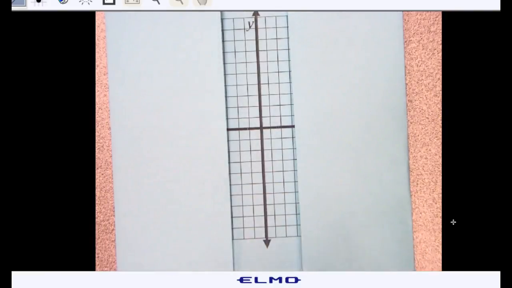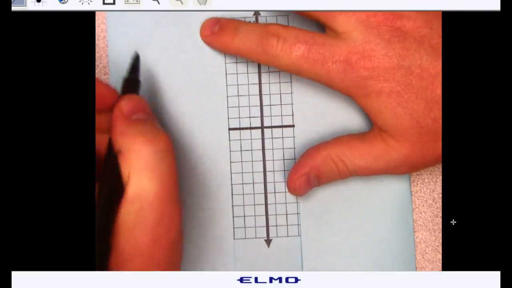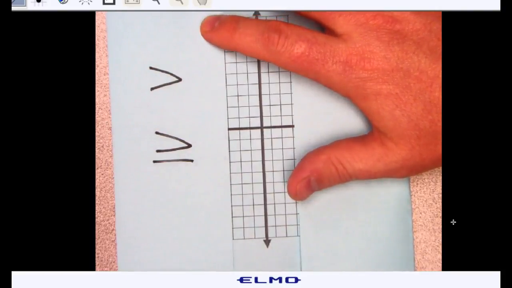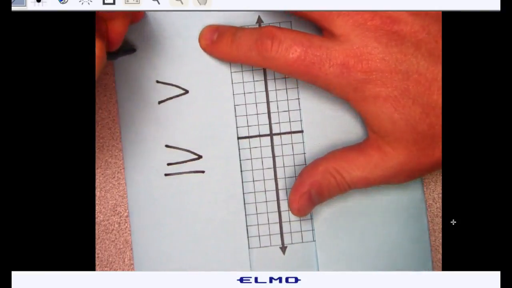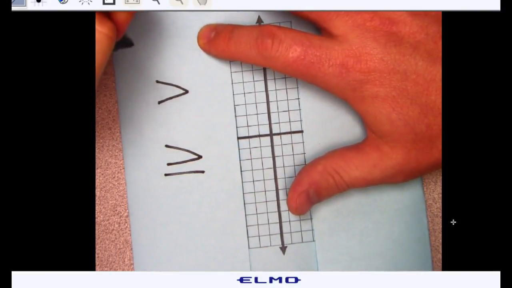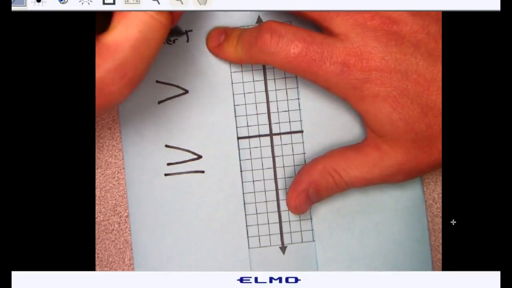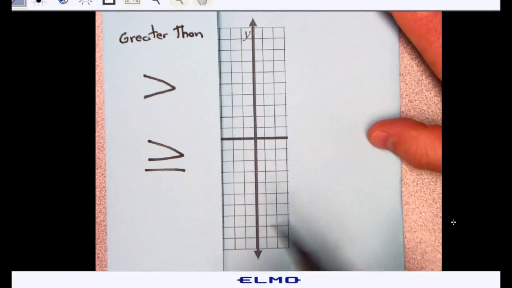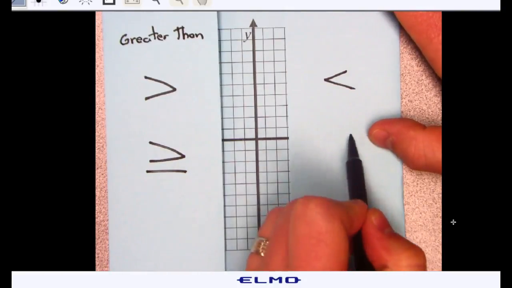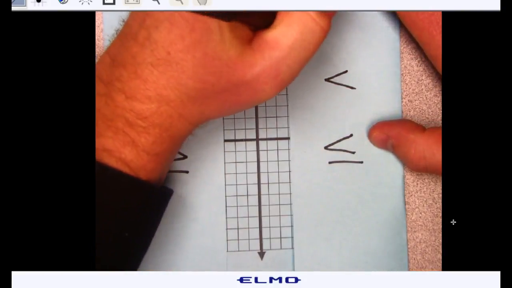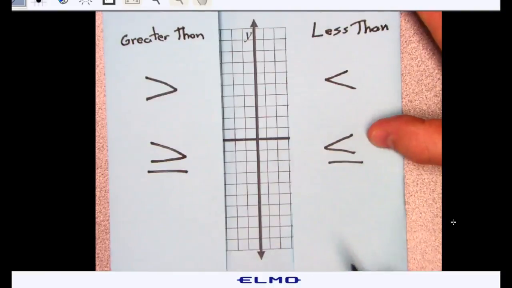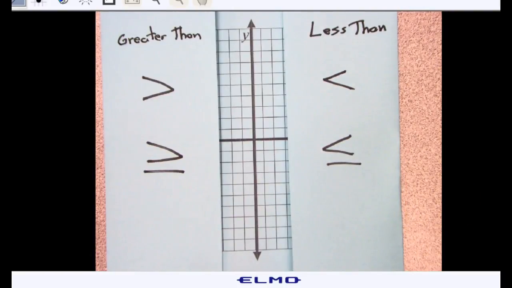And in the margin, you're going to use something to write with, and put on the left side, greater than and greater than or equal to. This is the greater than sign. And this is the less than side. Okay.